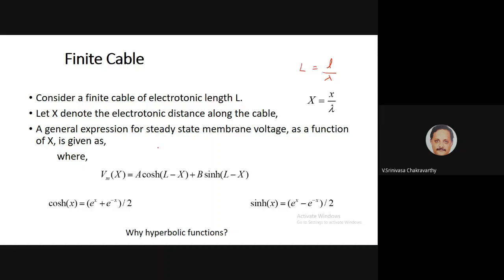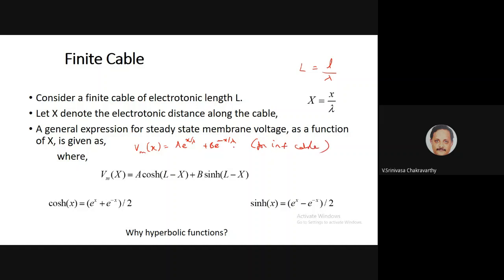So earlier we had a solution in terms of, the earlier solution was like a into e power minus x by lambda plus b into e power x by lambda, because that's the kind of solution we had, right? This is earlier for infinite cable.